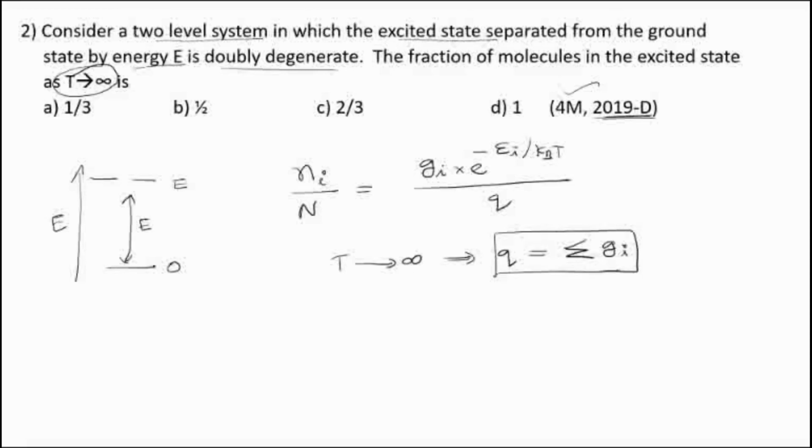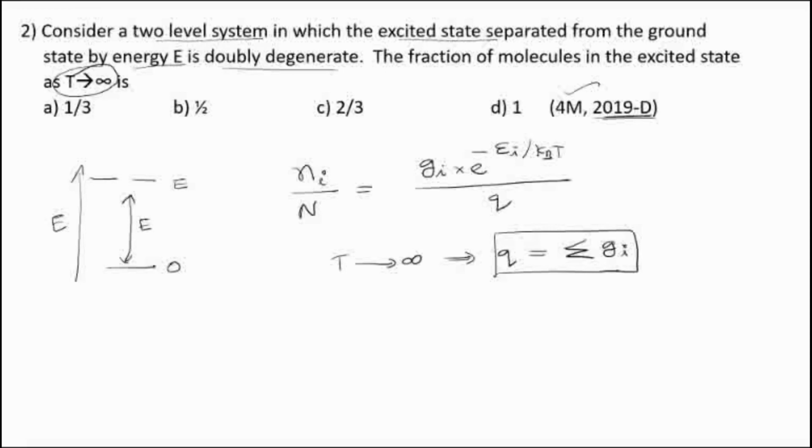As temperature approaches infinity, if you go to very high temperature, then all the levels are almost populated, because molecules gain a huge amount of energy and go to very high levels also. So all the available levels are almost populated. Therefore the partition function becomes equal to the sum of the degeneracies of all the levels. We can say in this manner.